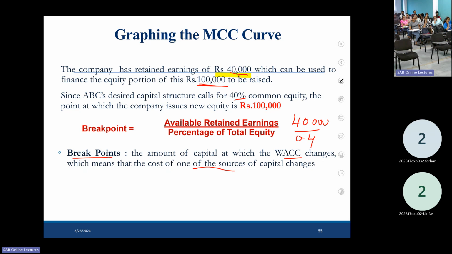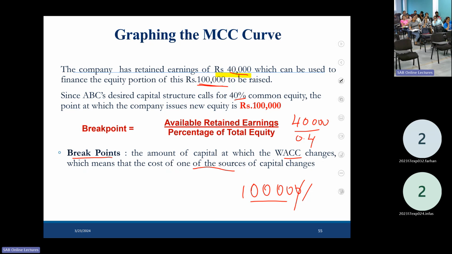Your first break point will arise when your total capital exceeds this point. Up to 100,000 you can manage with the 40,000. When your total capital requirement exceeds 100,000, that's the break point. Right.